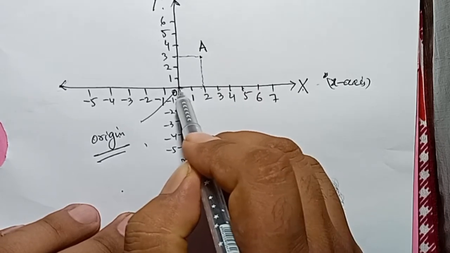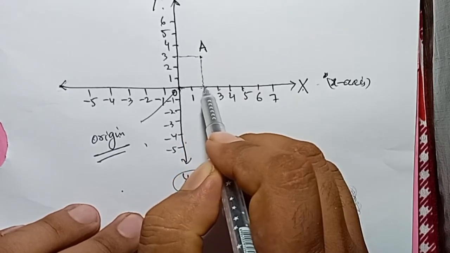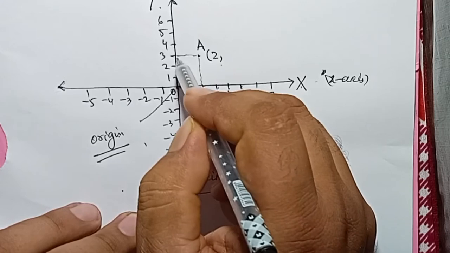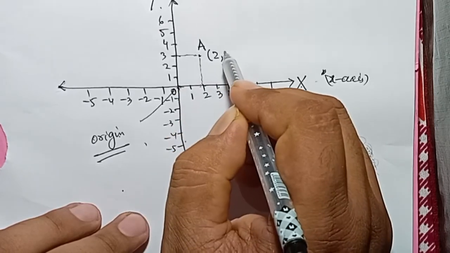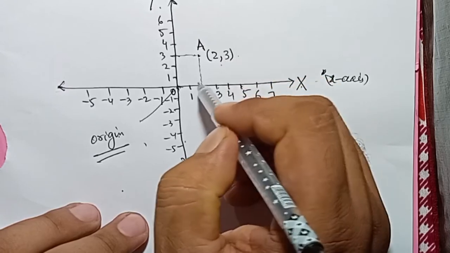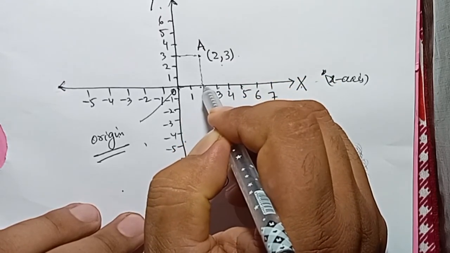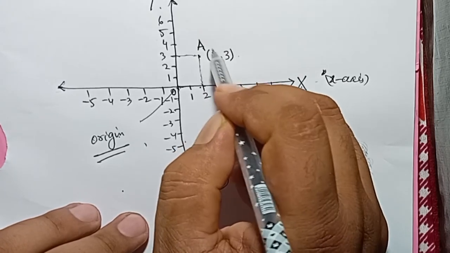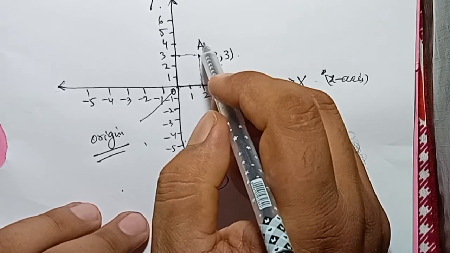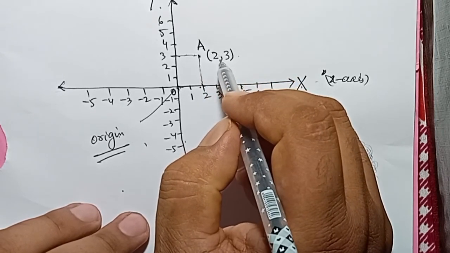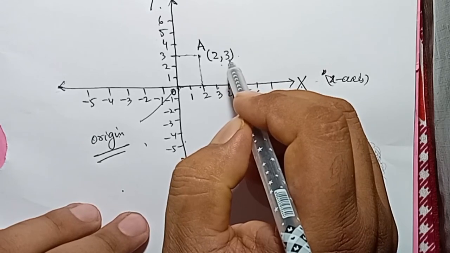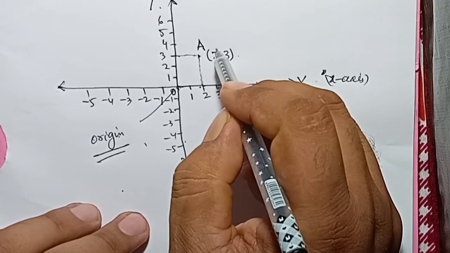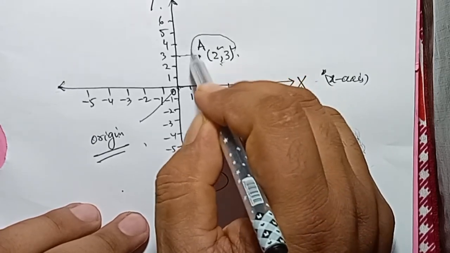So on the x-axis it is 2, so I will write here 2 in brackets, then a comma, and from the y-axis it is 3, then I will write 3. So you can see on the x-axis we are going towards 2, and on the y-axis we are going till 3. So the location, or we can say the points on a graph, are given by 2 numbers in brackets, and the numbers are separated by commas, that's 2 and 3. This is the location of this point.